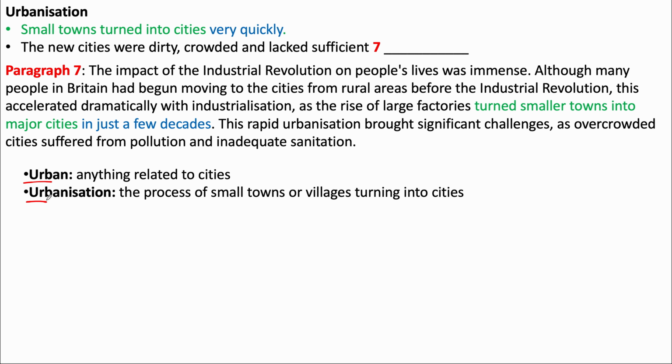Urbanization means development of small towns and villages so that they turn into cities. The first sentence in the question does not have any blank. In the passage, this part of the question is mentioned here, which means the answer should be after this.